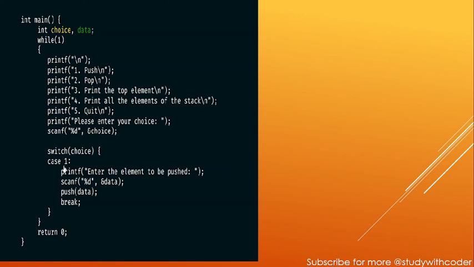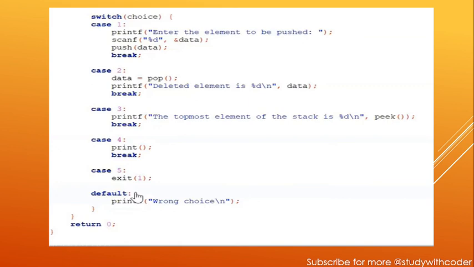Case 1: we declare case 1. In case 1, we call the function push, in which printf enter the element to be pushed and scanf("%d", &data). Then push(data) and then break.